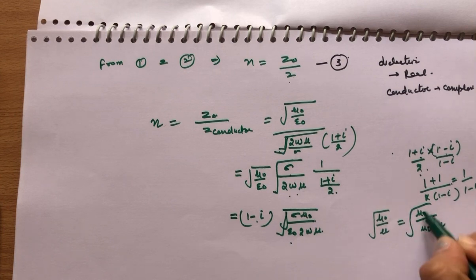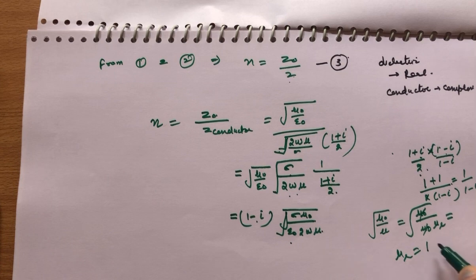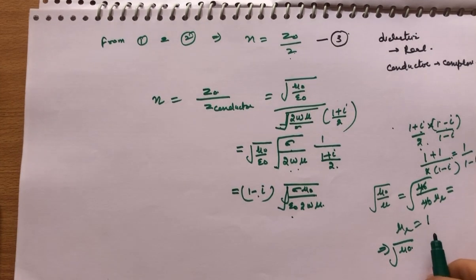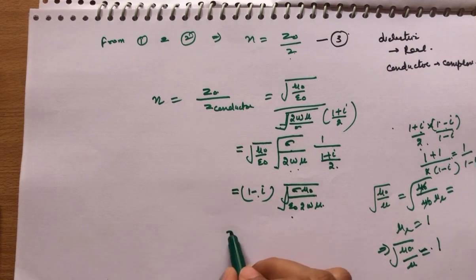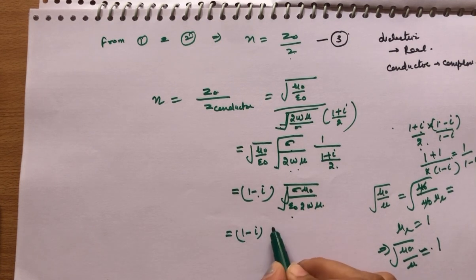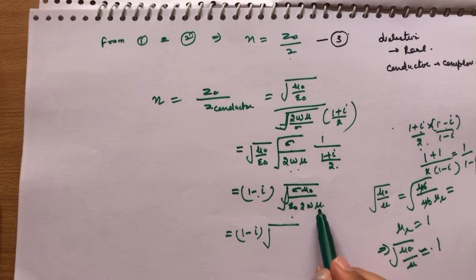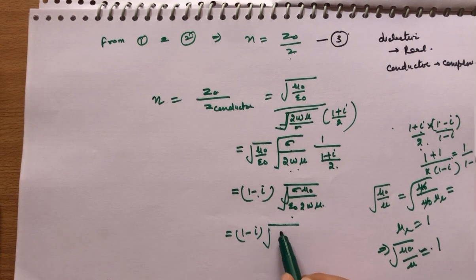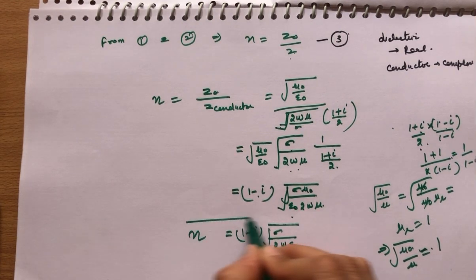For a conductor, mu r is equal to 1. So this implies that under root of mu naught over mu is approximately equal to 1. So you can write here 1 minus iota over under root of mu naught over mu, that is approximately 1, times sigma over 2 omega epsilon naught. So this is the value of the refractive index.